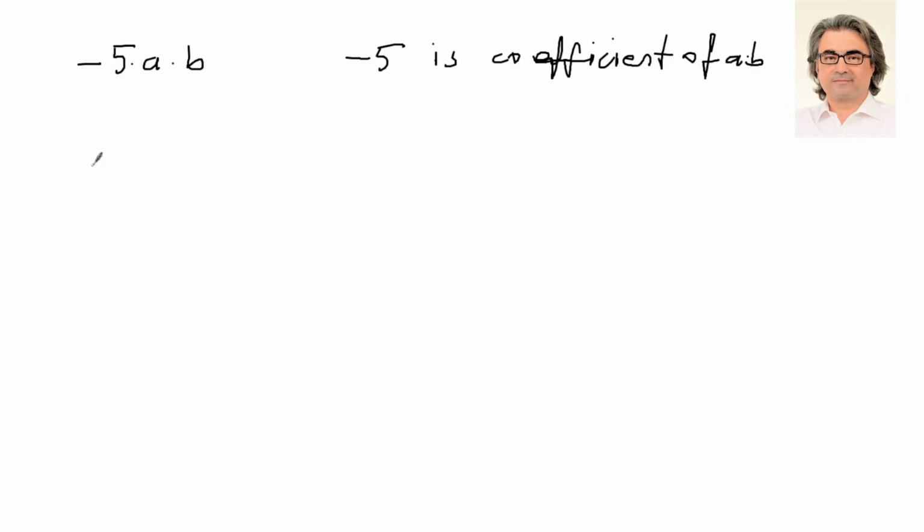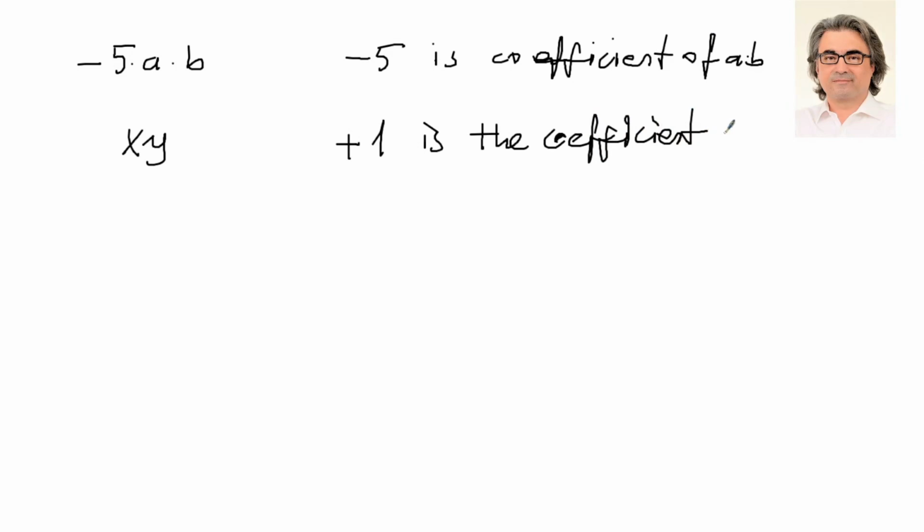For example, in the term x times y. Now x times y is also an algebraic expression. There is no numerical factor here. It means the coefficient of this algebraic expression is plus 1. Plus 1 is the coefficient of x times y.